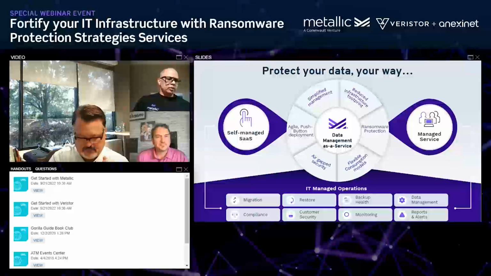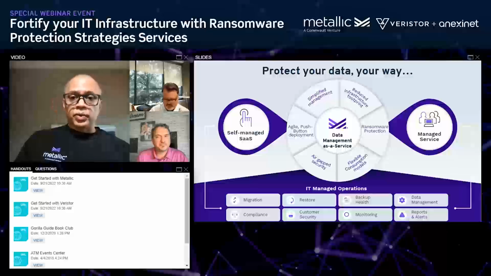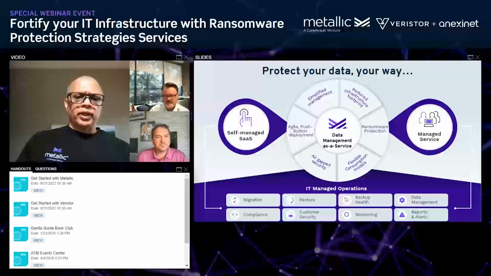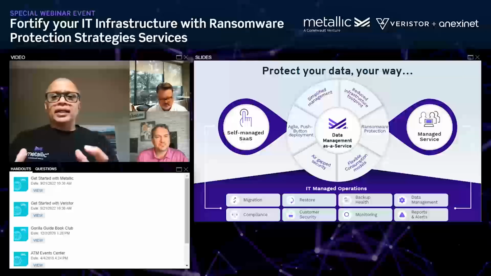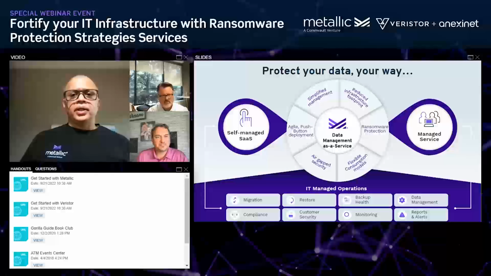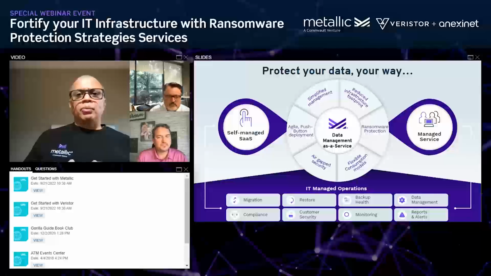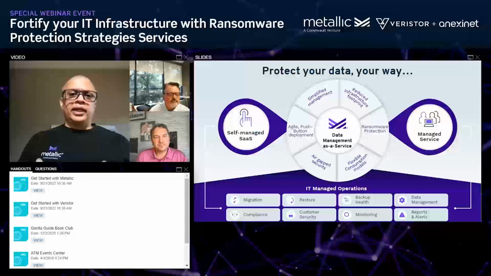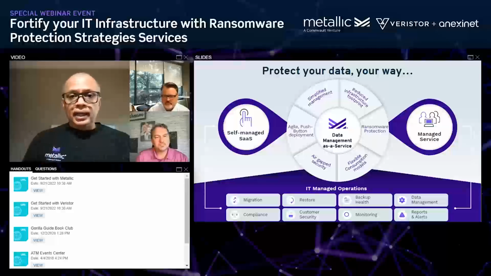Absolutely. So very good question. And to Ferrol's point, Metallic is a hybrid cloud data management service, right? Which means that we are protecting customers' data on-prem. We are protecting customers' data in Azure. We are protecting customers' data in AWS, OCI, right?